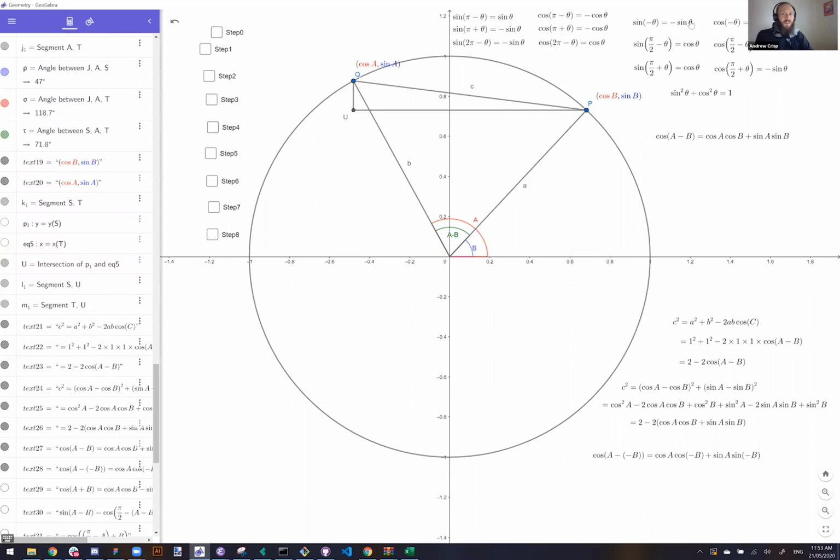And that's when we can start thinking about these identities up here at the top. Cos of minus B is cos B. Sine of minus B is minus sine B. I can get rid of this minus sign, and I can pull this minus out the front. And that gives us our next identity. Typically, it's written first because plus always comes first because it's like the first child and it always gets everything. I'm not bitter.